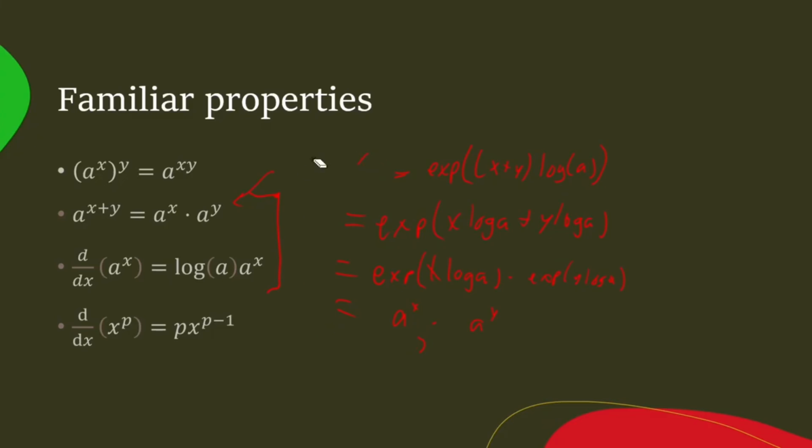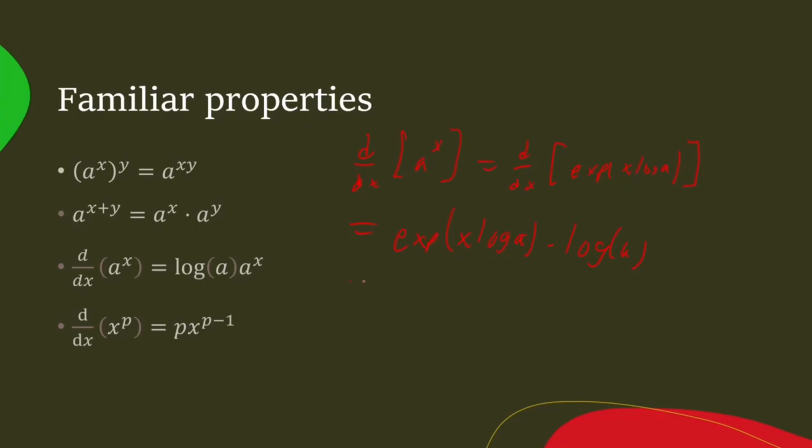We can also work on the third item. When we take the derivative of a^x, by definition, that means we're taking the derivative of exp of x log a. That's what a^x means. When we take the derivative of the exponential function, we've already established that we just get the exponential function back again. So it's again exp of x log a, but now we have to multiply by log of a due to the chain rule, because we see a log a inside the argument of the exponential function.